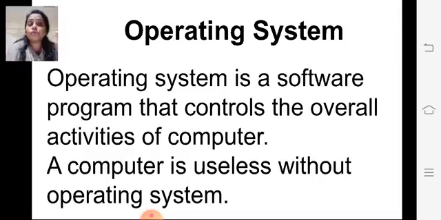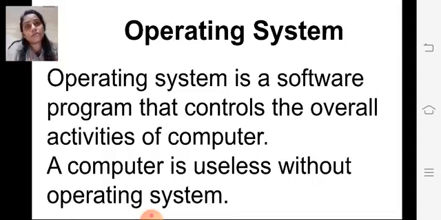A computer is useless without an operating system. Just now I told you, if you don't have an operating system in your computer, means you don't have system software, then your hardware is of no use.